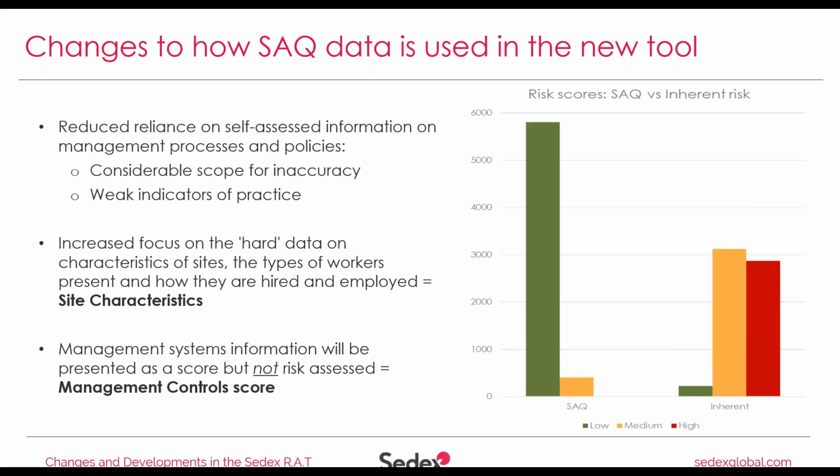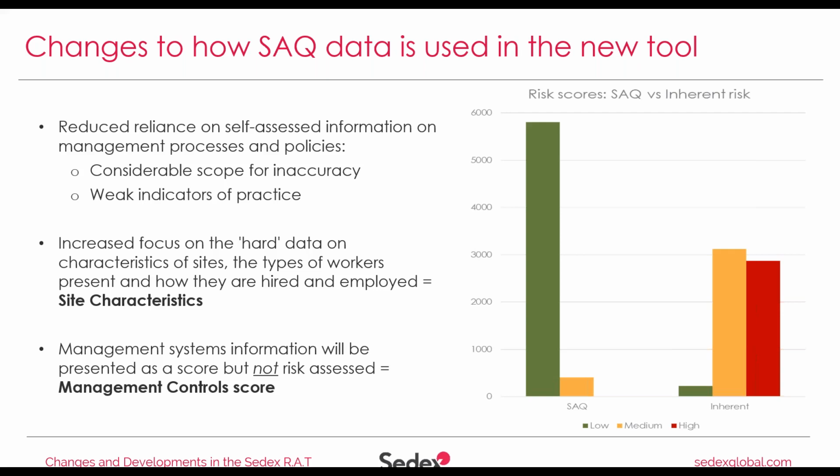But importantly, we absolutely don't want to lose sight of the management systems that are in place. And so we will be taking information from those questions about management systems, policies, processes, monitoring and feedback, etc. And we will then be creating a management controls score out of that.